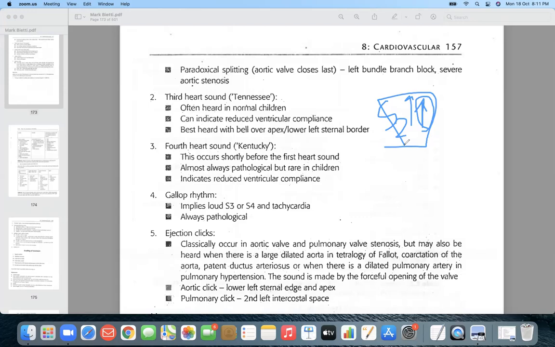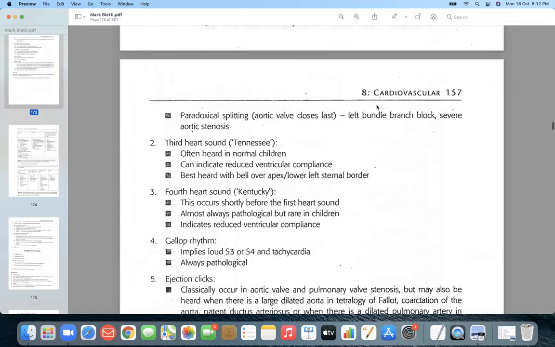So whenever you have pulmonary stenosis or aortic stenosis, you will ask for the S2: is it normal, is there any split, is it loud or soft. Very important. This was told in the exam to some candidate that they did not comment on the S2.